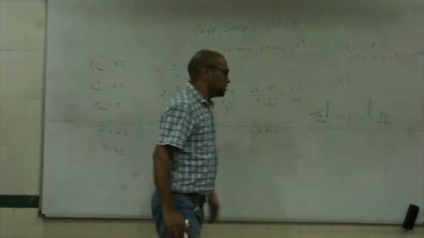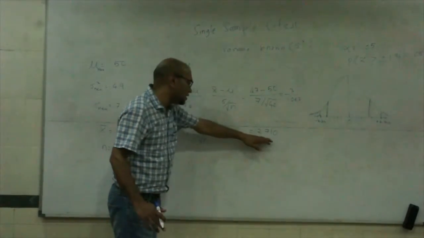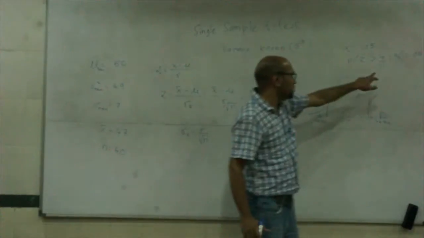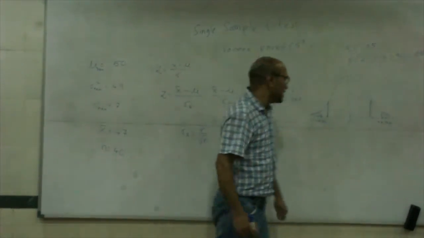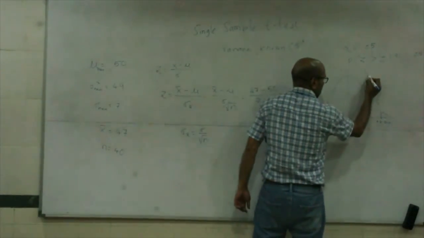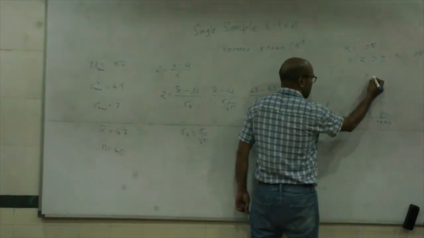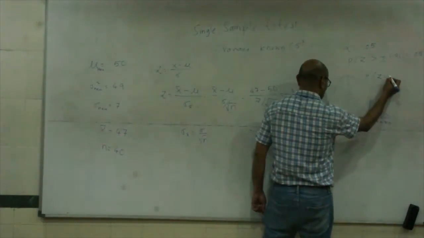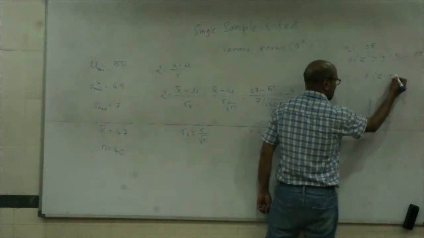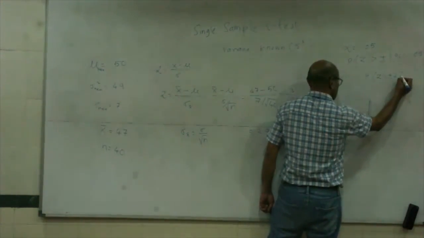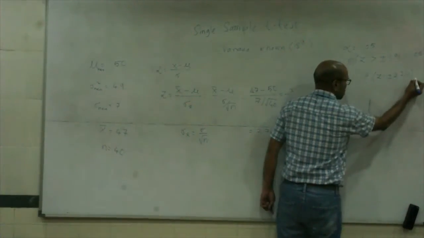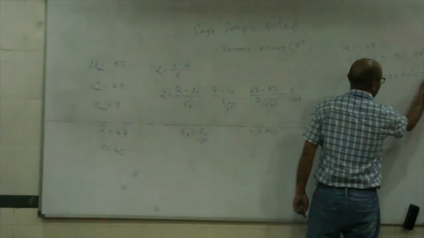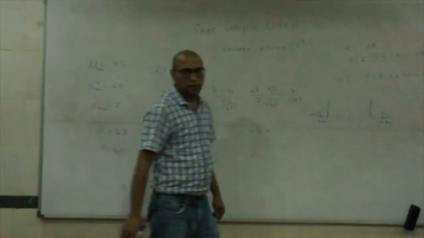Since the value we have obtained in this calculation, 2.710, is greater than 1.96, I say that the probability of Z being equal to 2.710 is smaller than 0.05. Right?